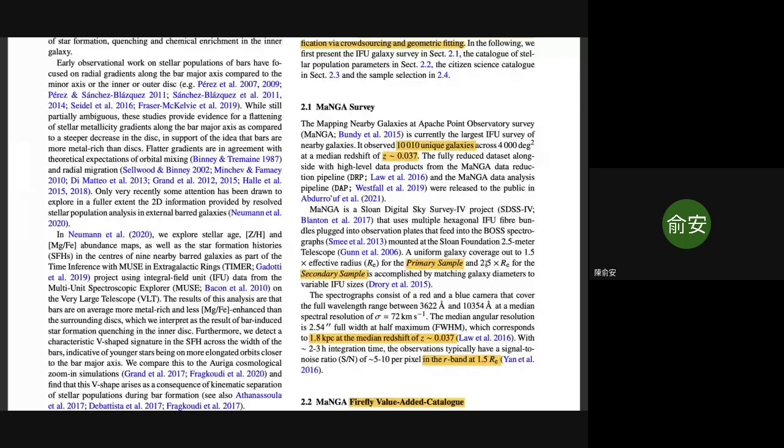If the galaxy has coverage out to 1.5 effective radii, they call it primary. For 2.5 effective radii, they call it secondary, because the resolution is slightly worse. The actual resolution corresponding to this redshift is about 1.8 kiloparsecs.